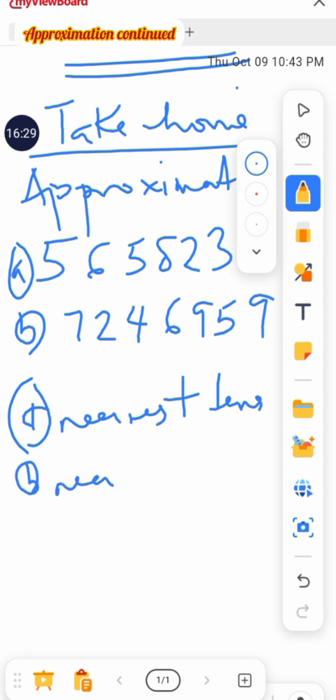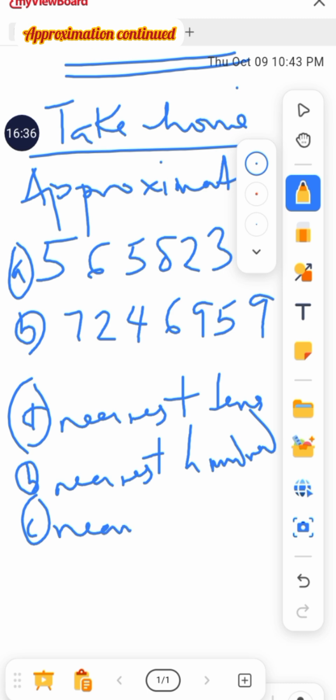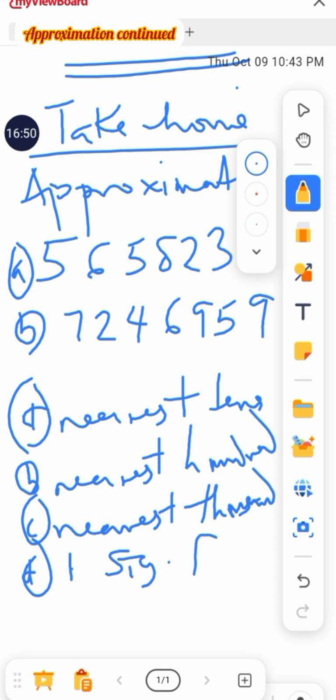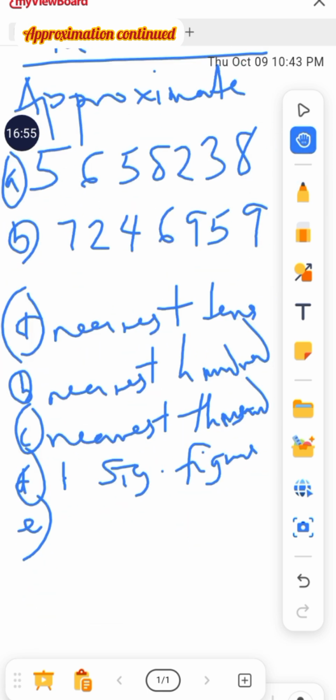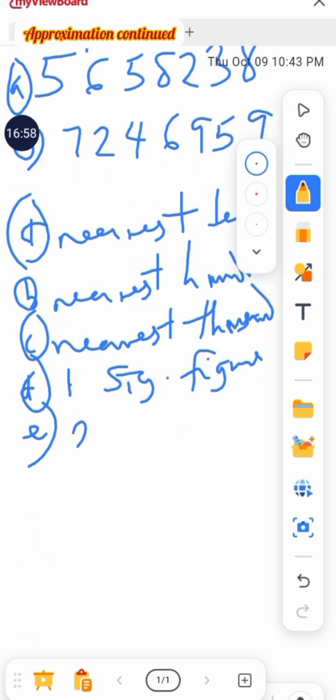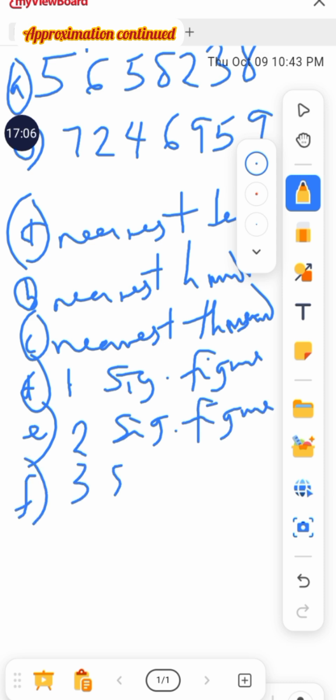B, nearest 100. C, nearest 1000. D, one significant figure. E, two significant figures. Then F, three significant figures.